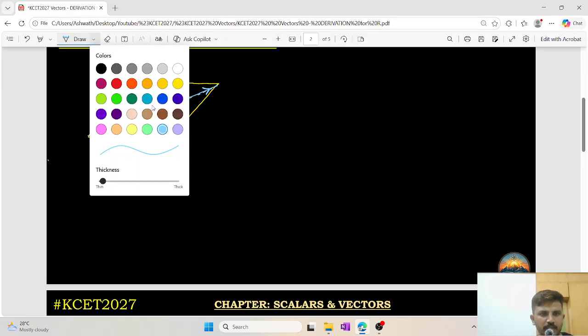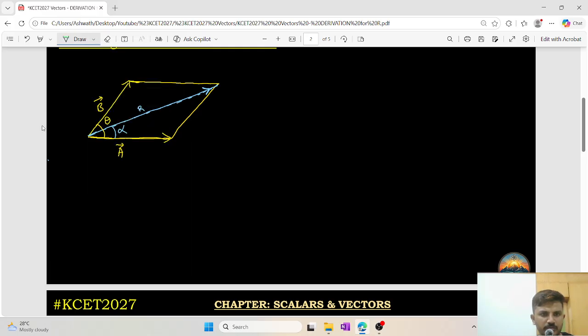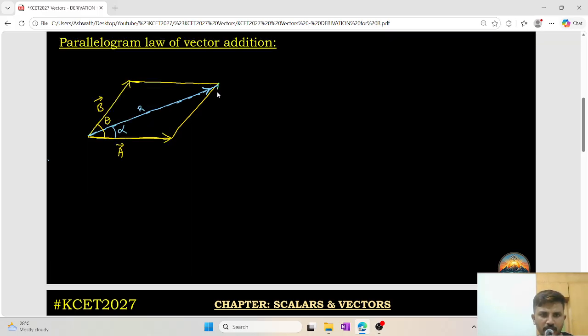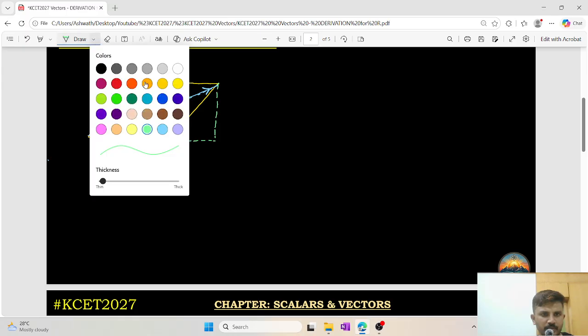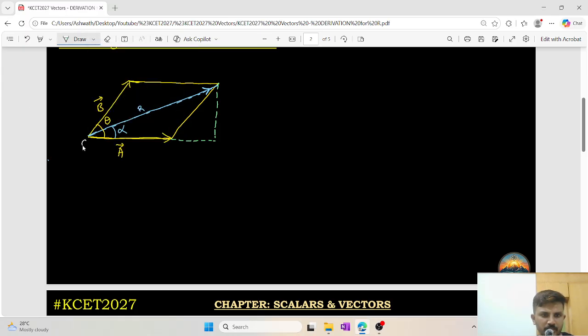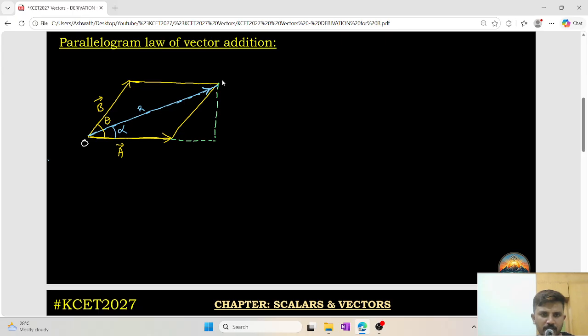Before that, let me do some considerations. I'm going to draw a perpendicular here and extend this line along the vector A. Now, let me give some names to this. This is O, this is M, N, and this is P. You can use P or here Q like this.